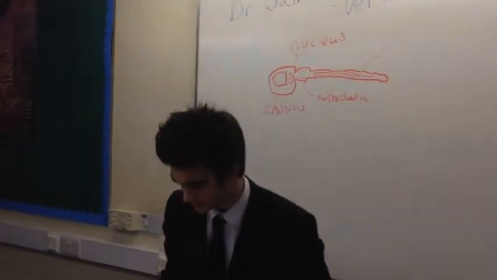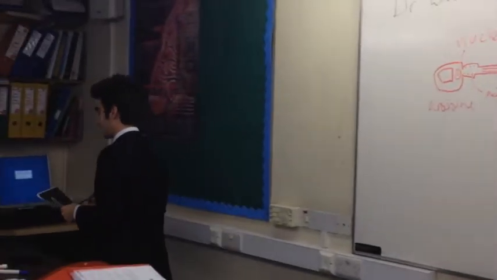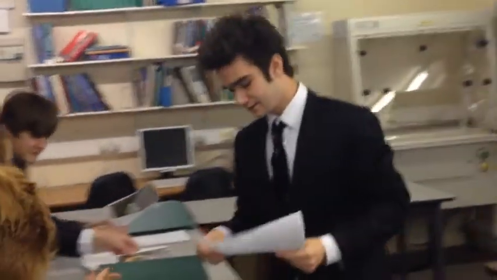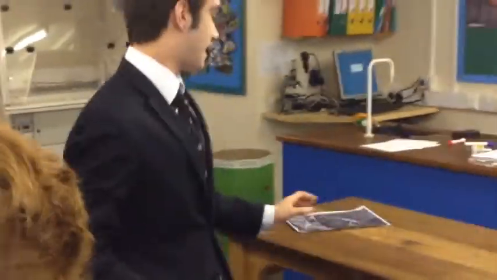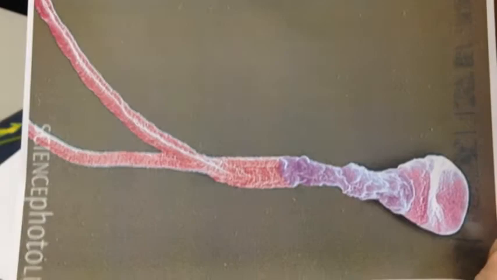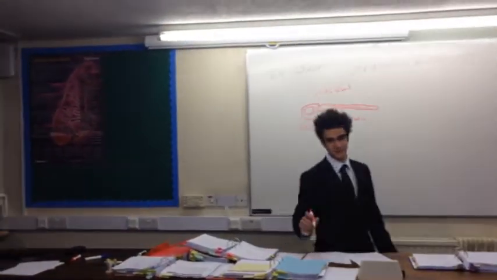I'm going to show you some pictures of some unhealthy sperm. So this is healthy. Well, it doesn't look very healthy, but it's meant to be healthy. These are some pictures of some unhealthy sperm cells. As you can see, they all have something wrong about them.